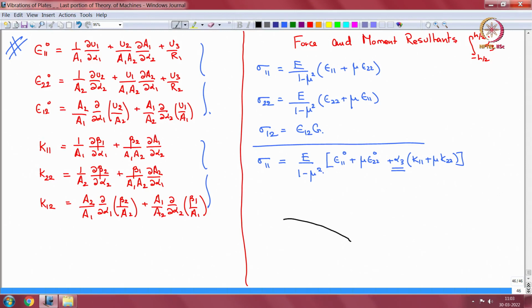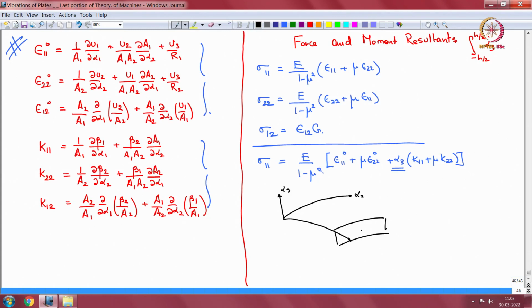This is alpha 1, this is alpha 2, this is alpha 3, and let us say I have a thickness over here.